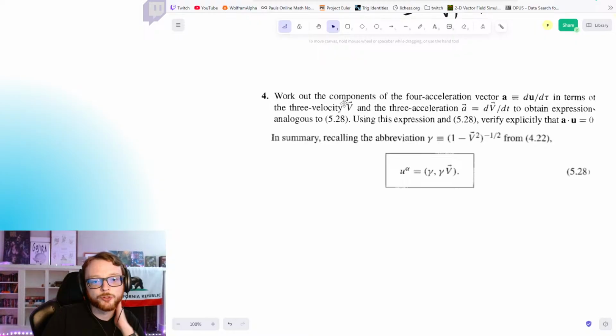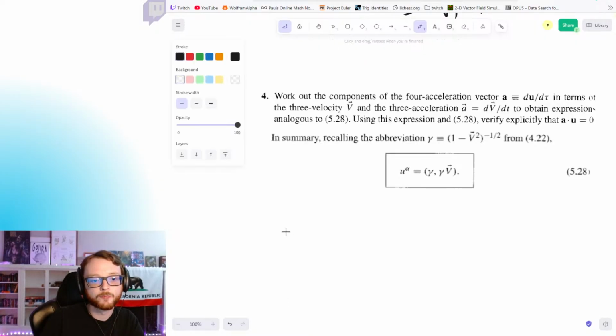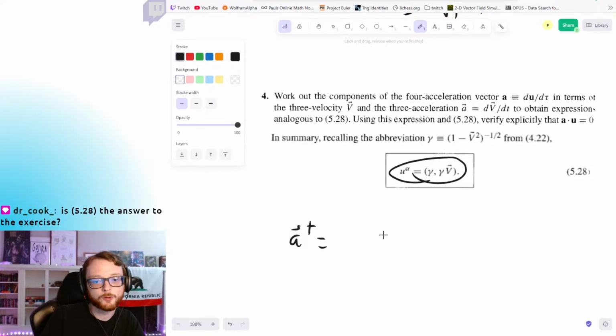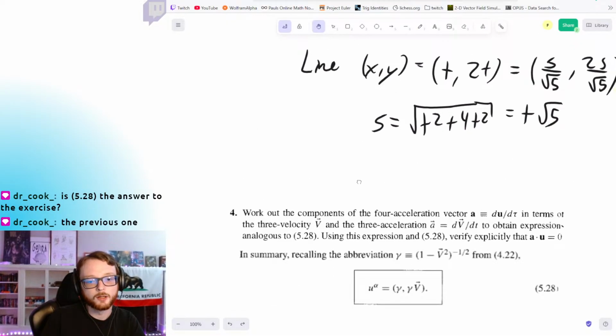They were doing some tricky chain rule stuff. You're saying the time component? I'm hearing what they're doing with velocity for acceleration. 5.28, no, this is velocity. They want us to get this for acceleration.